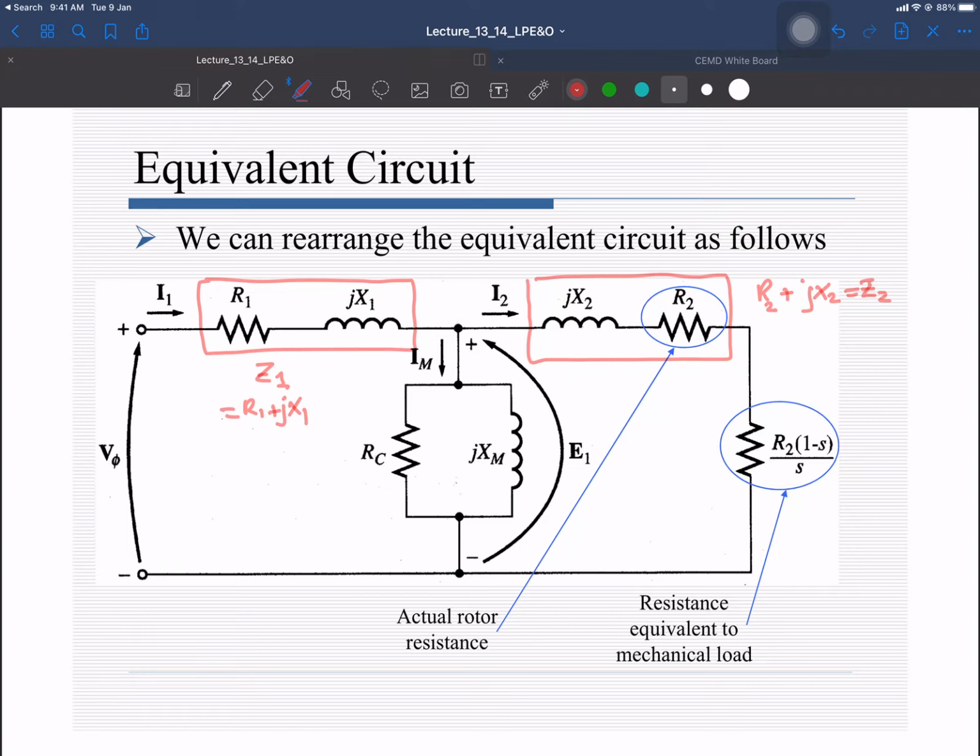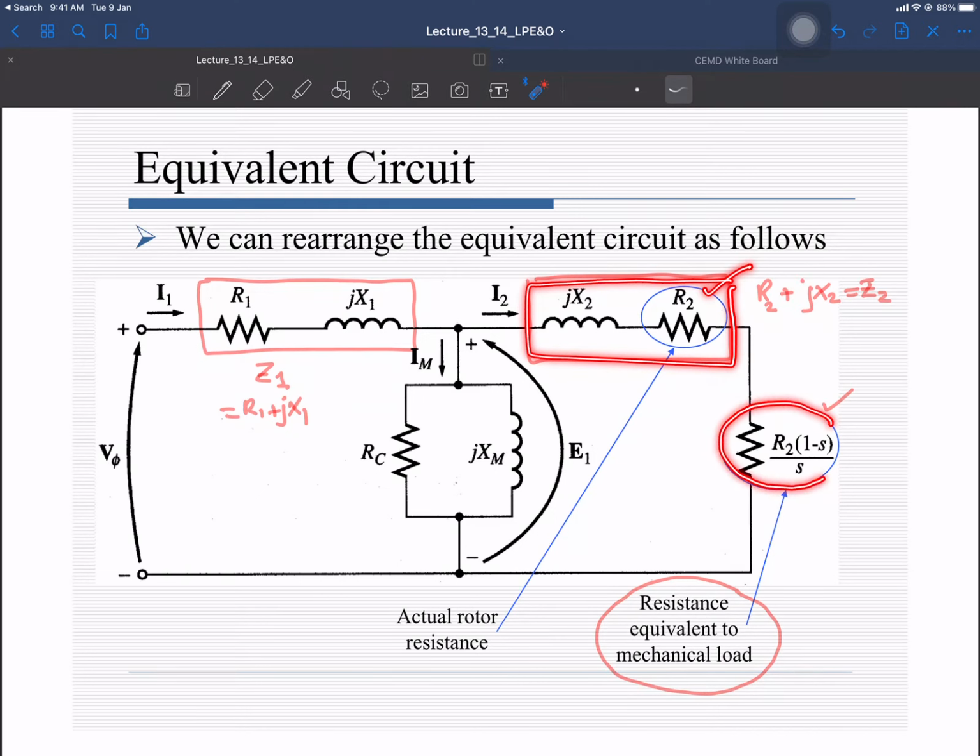And then we introduced a resistance in the last lecture, that is R2 into (1 minus S) by S. This basically represents the power that is converted into the mechanical form. So some portion of the impedance represents the losses, that is the actual resistance, and the fictitious resistance is used just to indicate the power that is converted into the mechanical form.